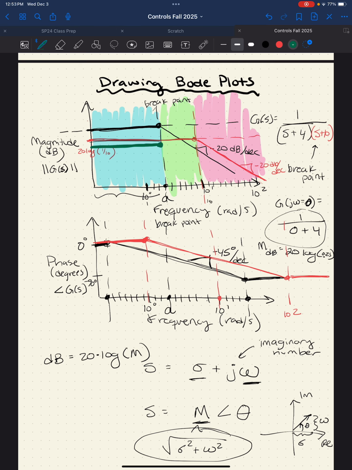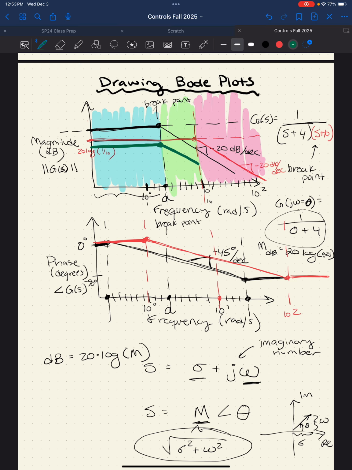Then, afterwards, within this section, one value stays the same, and the other one starts decreasing at minus 20 decibels per decade. And so within this region, the resultant also decreases at 20 decibels per decade. You would just assume that it's the same rate.